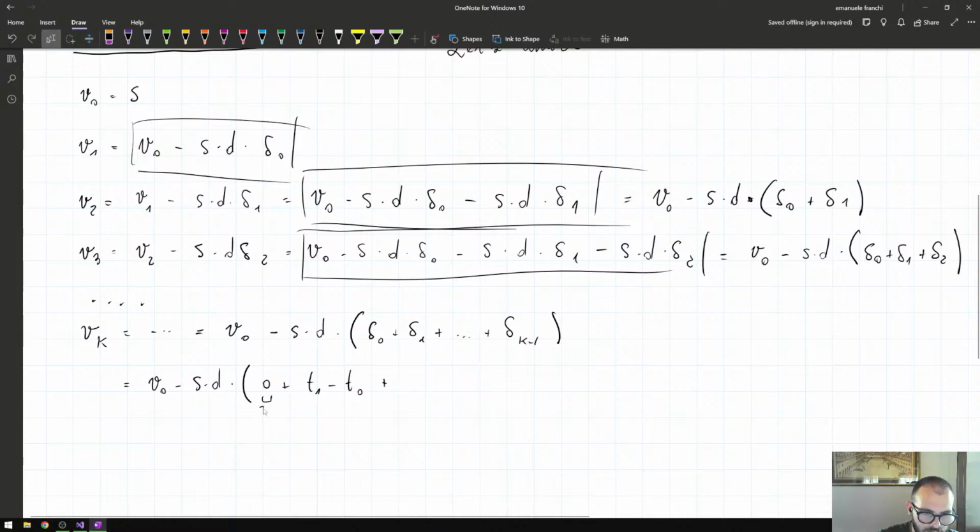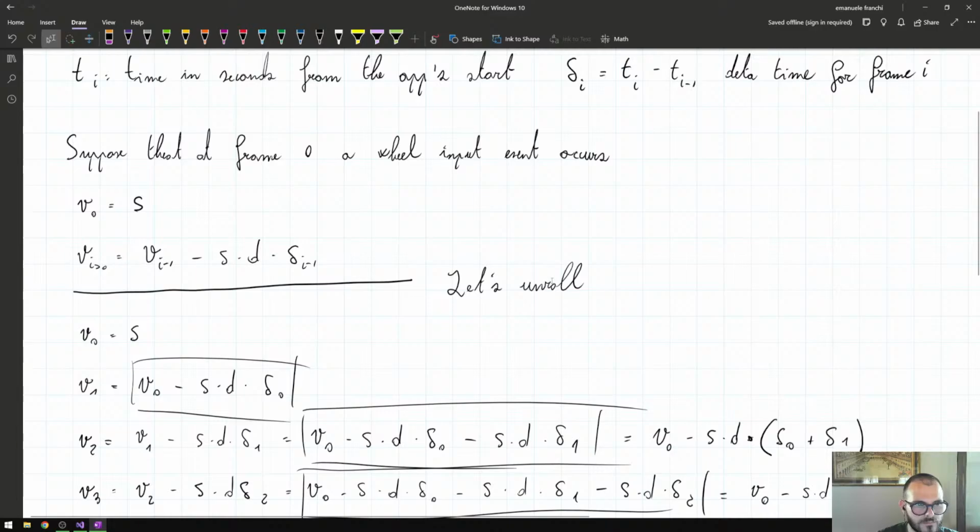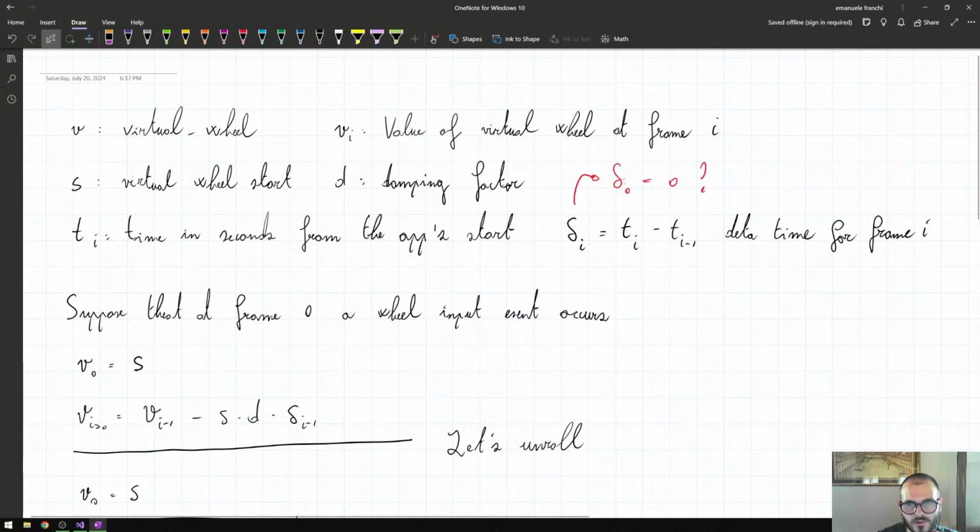So this is delta 0, this is delta 1, and the delta 2 is the delta time for the current frame. The delta time for a current frame is computed by the timestamp at the beginning of the current frame.